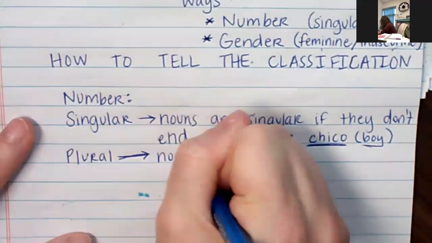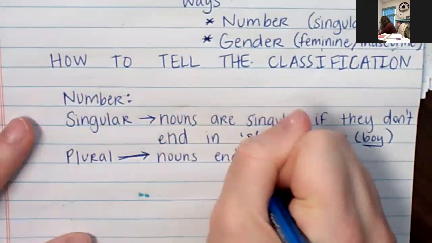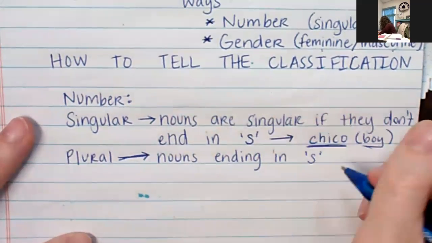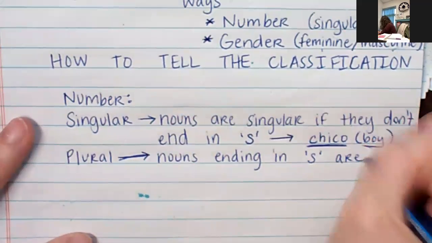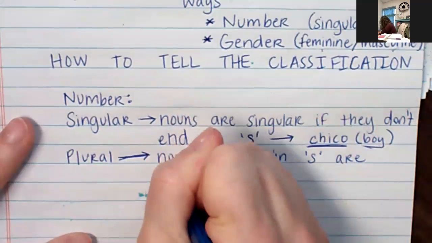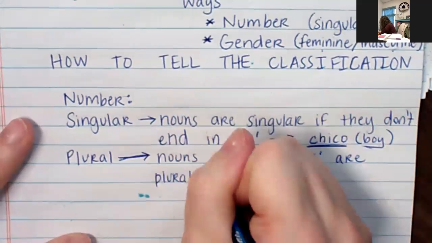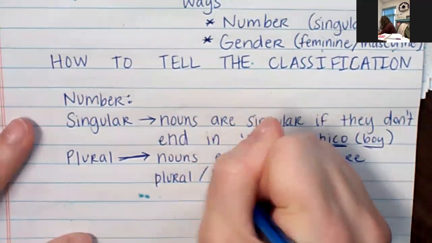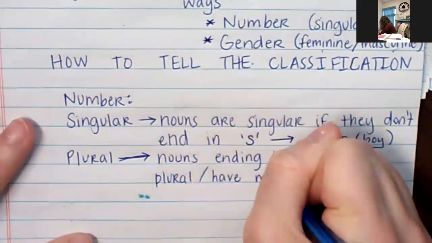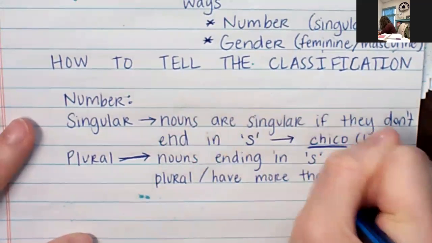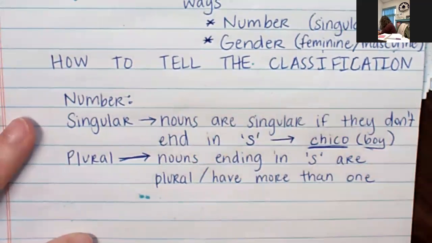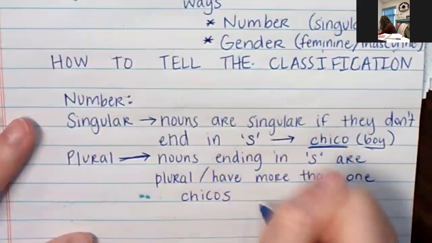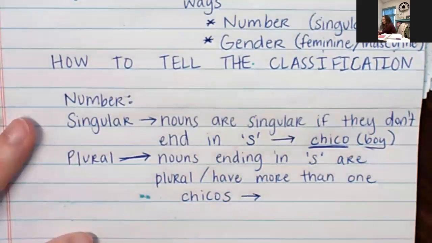And then we have nouns ending in S are plural, they have more than one. So an example of this would be chicos.